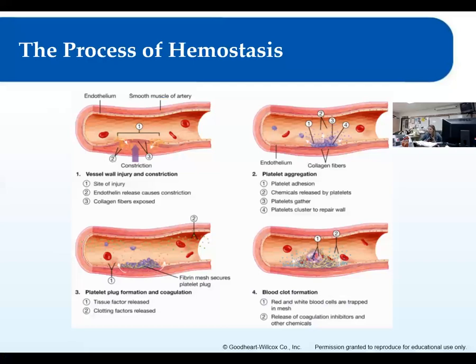When they do that, platelets release chemicals so that more platelets will come in and gather up. They plug up the wall, if you will. They make a new little bed so that blood will stop escaping. Okay, step 3 here.